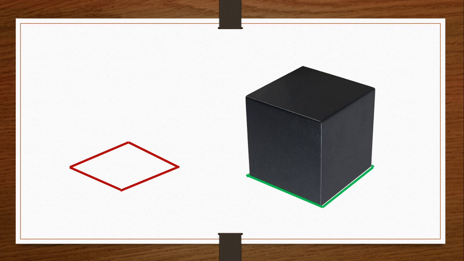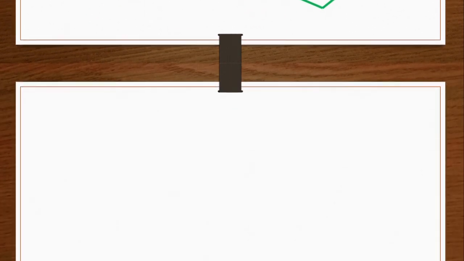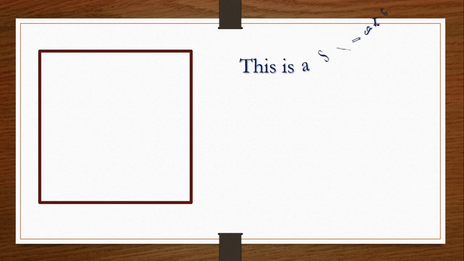Okay, I will remove this object now. Now we got this figure, right? We will draw the same figure on new page. See here. This figure we got. This figure is called as square. What we call square.